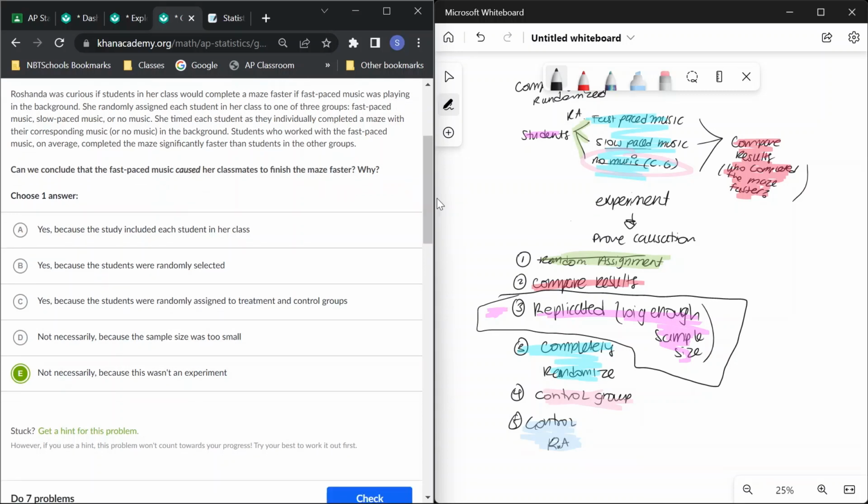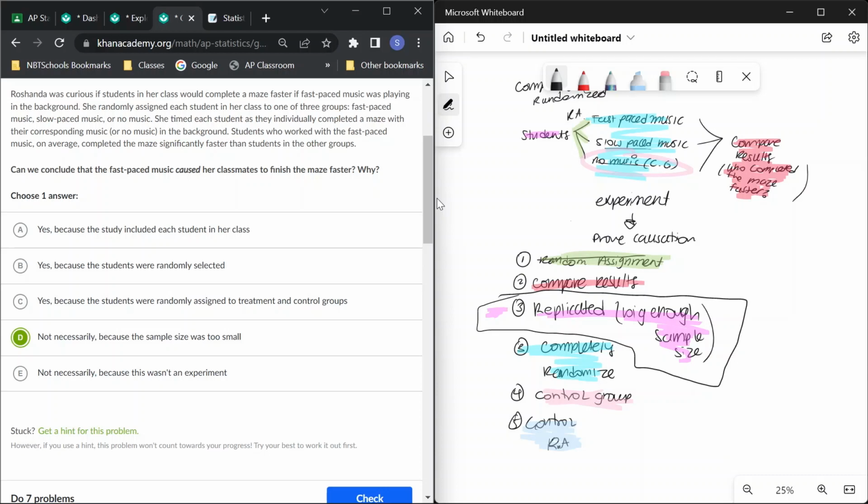Her classmates. Well, yeah, it's talking about causation with her classmates. We're not really generalizing to the whole population of students, so I don't know. So it could be A, it could be D. A because the study included, no, I mean not A. It could be B, or D, or C. So yes, because the students were randomly selected.